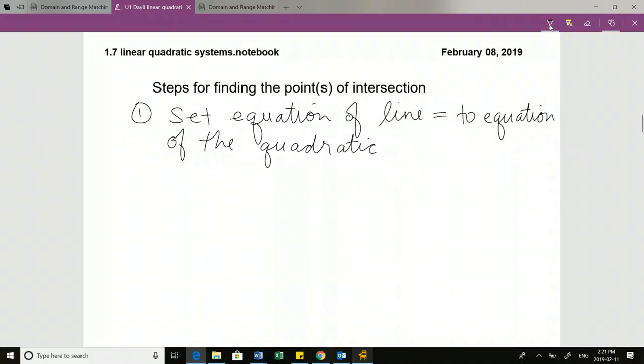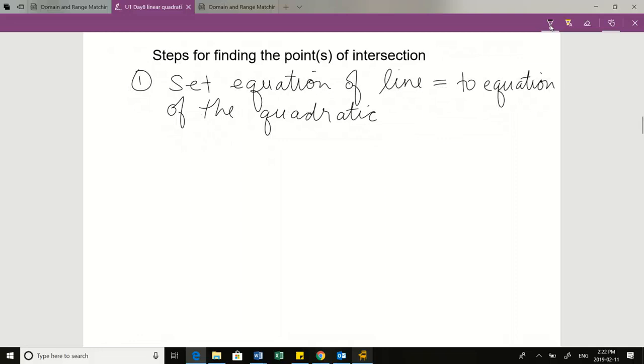Okay. So what we're going to have then is an mx plus b equal to an ax squared plus bx plus c type equation. And anytime I'm solving a quadratic, I usually want it set equal to 0 on one side. So what we need to do for the next step is move all terms to one side. Usually I move the terms in the line just because there are less of them.